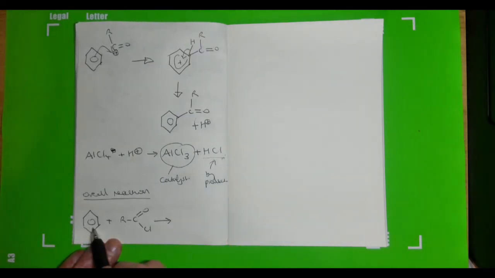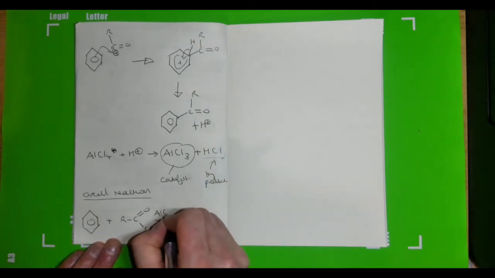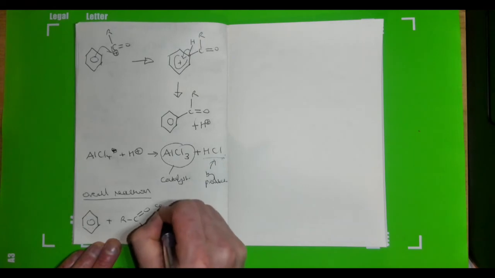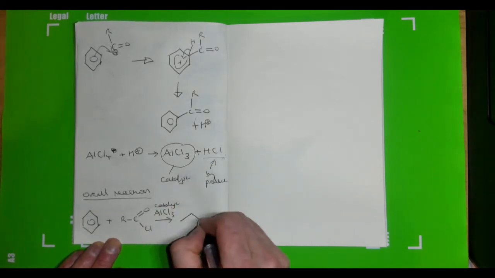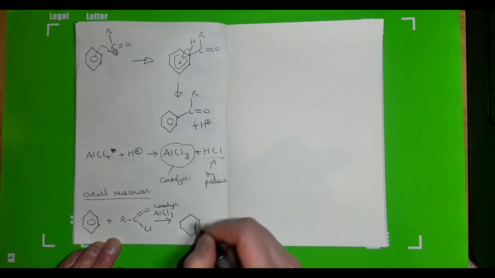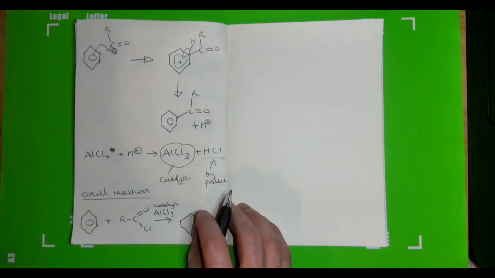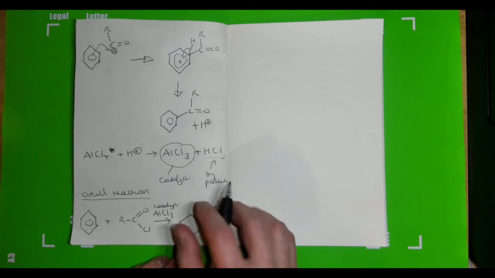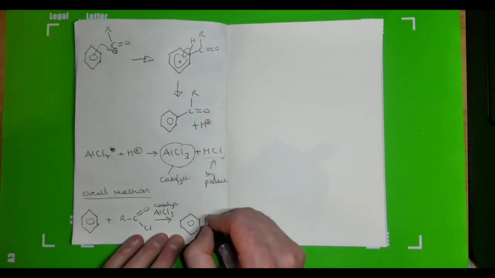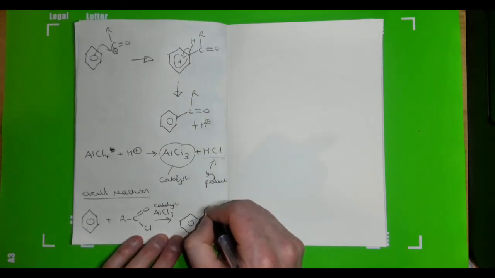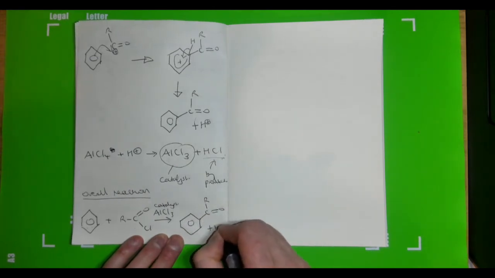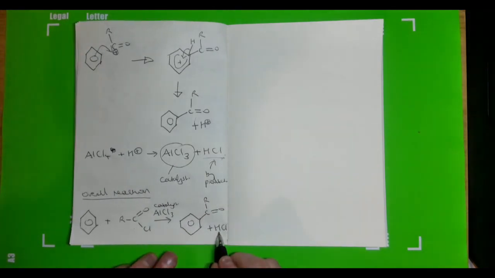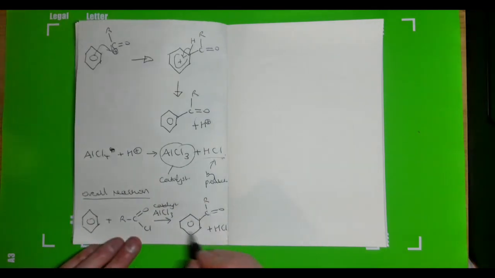So we've got an arene, an acyl chloride, aluminium chloride catalyst, HCl byproduct, and we need a name for this.